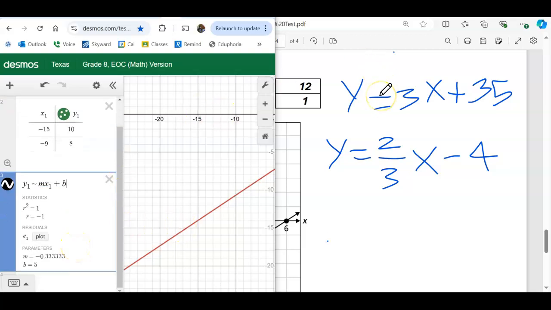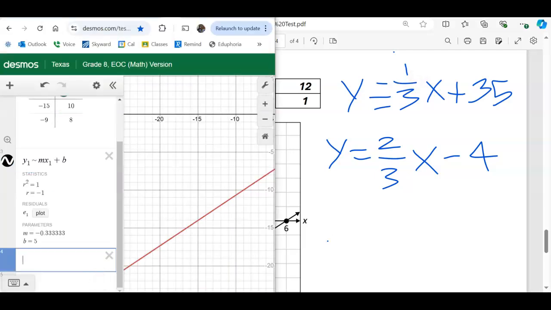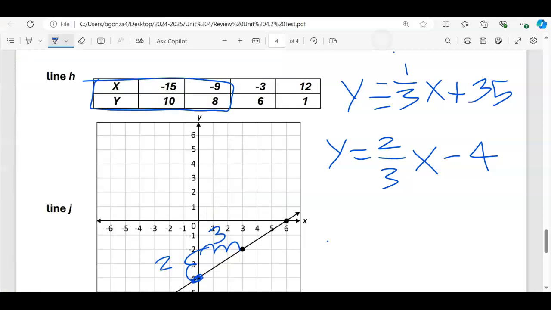So that first equation was actually something else. My bad. So it's supposed to be negative 1/3 x plus 5. Whoops.